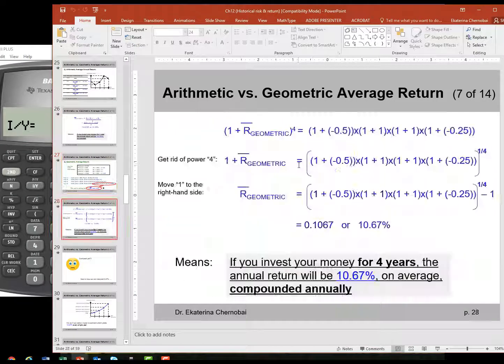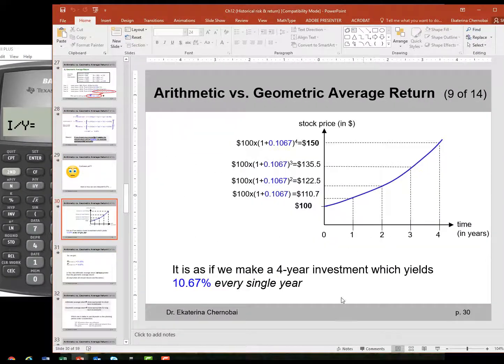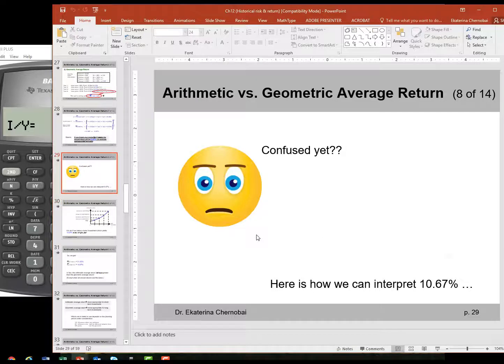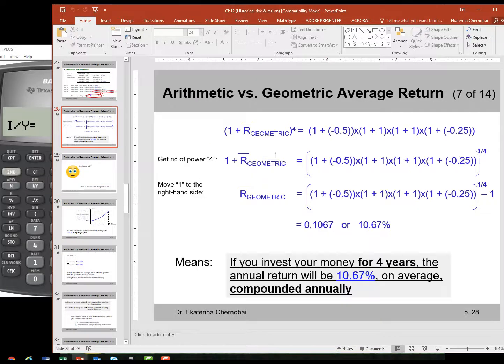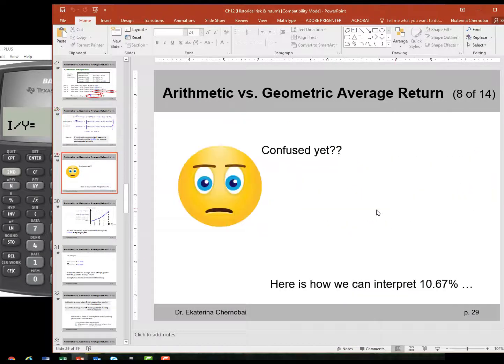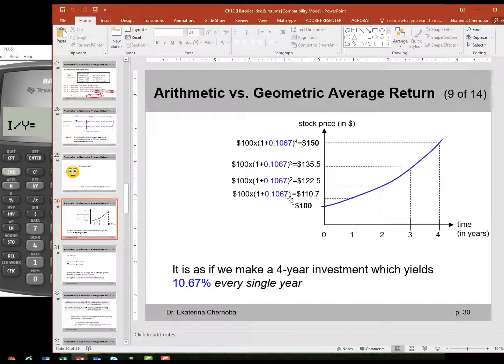Okay, so where were we? We were right here. So I showed you basically 3 different ways to find the geometric average. 1, we actually used this formula. 2, if you know the dollar amounts, which is where we started this entire problem, then $100 is your PV, $150 is your future value, 4 years in between, that's your N, and you're computing I/Y in the financial calculator.